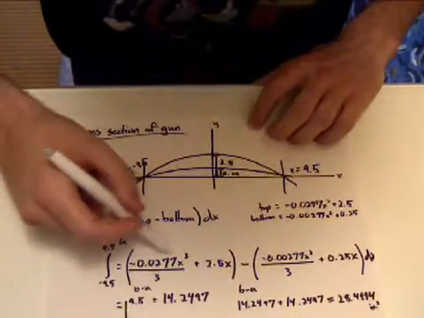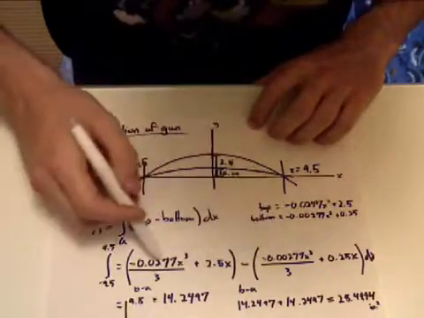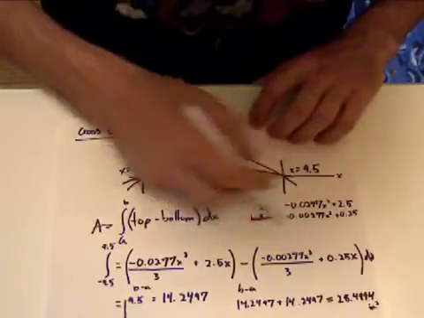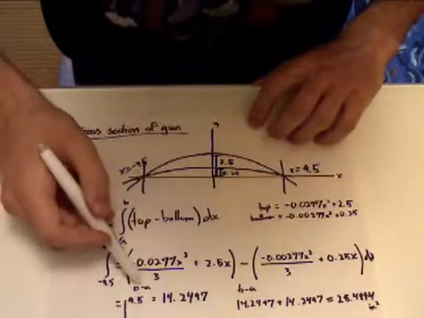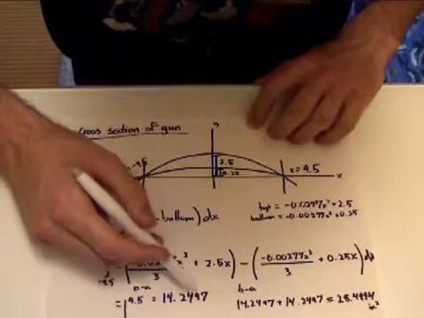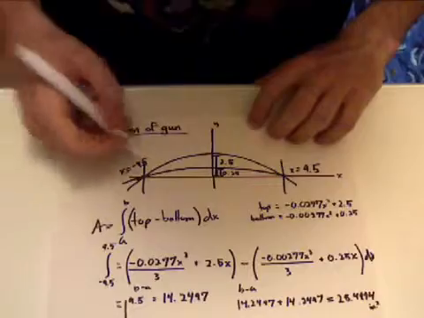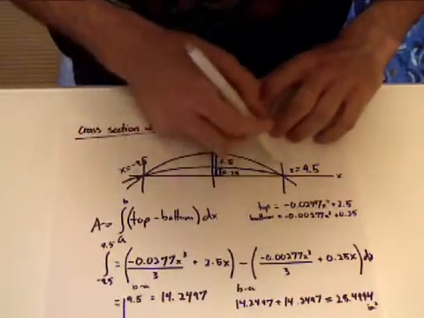So I take the equation, plug in the x, do all the math. This is top, this is bottom, with respect to x. Plug it in, you get 14.2497 for 9.5, that would be this part.